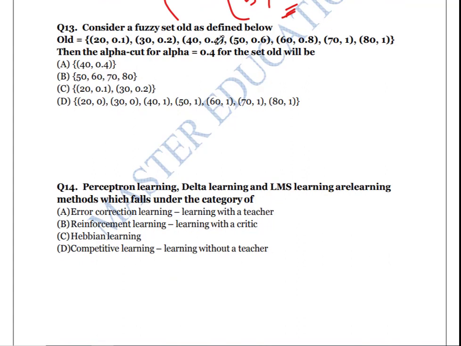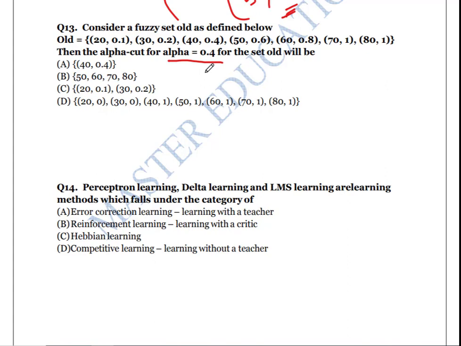The next question: consider the fuzzy set Old as defined below. Old equal to {20, 0.1}, {30, 0.2} and so on. Then the alpha cut for alpha equal to 0.4. If they give an alpha cut, we have to take the values after the alpha cut.